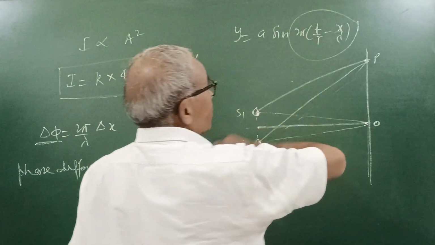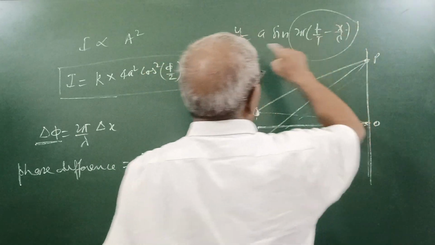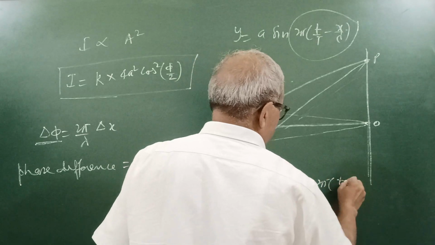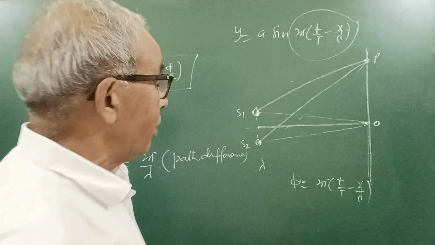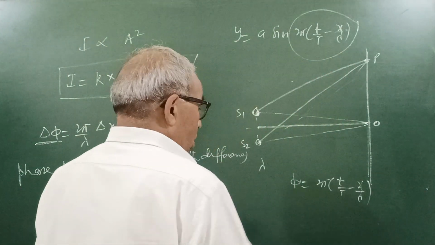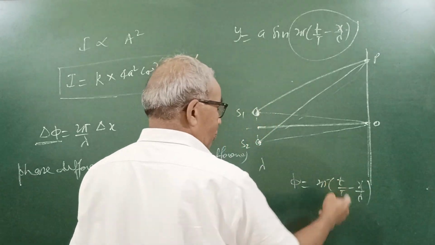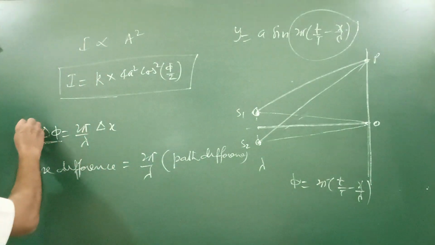So at any time t, particles at different distances will have different phase. If at time t there are particles at distances x1 and x2, phi 1 is 2 pi (t upon T minus x1 upon lambda), phi 2 is 2 pi (t upon T minus x2 upon lambda), and if you subtract, we get this type of relation.